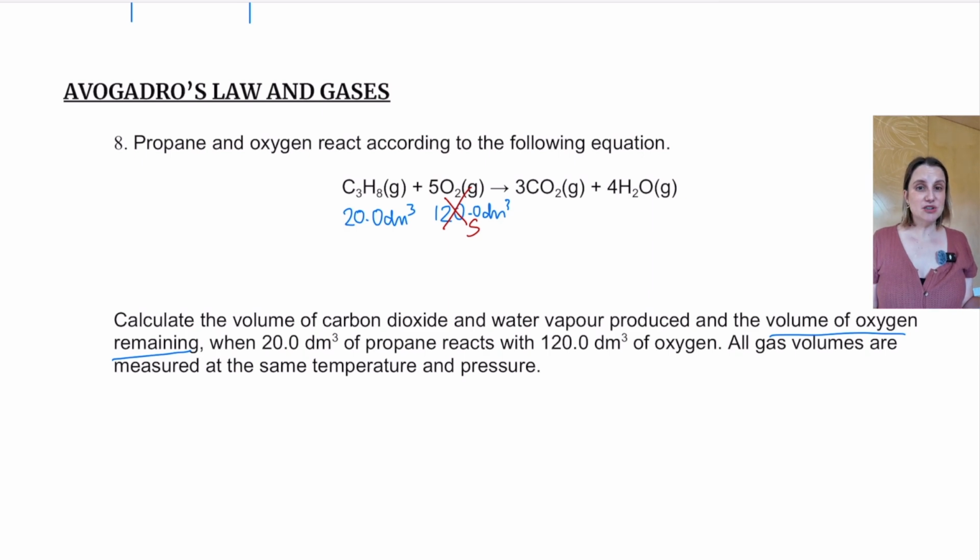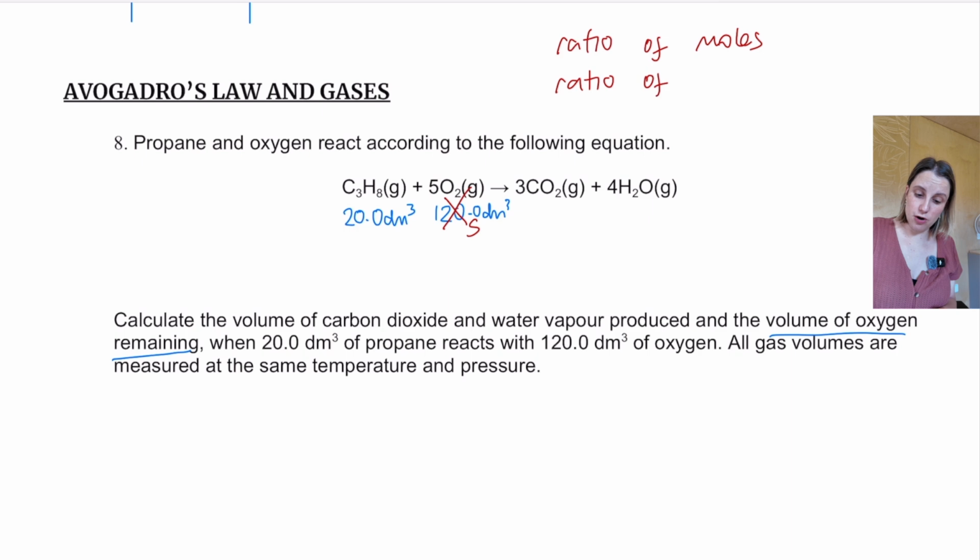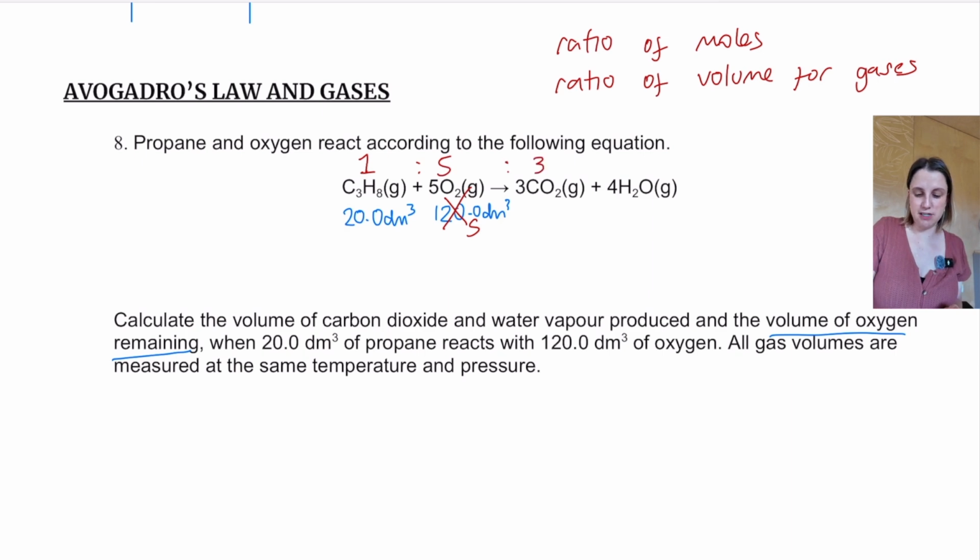Now the thing about Avogadro's law and gases is that the ratio of moles is the same as the ratio of volume for gases. So what that means is that if I told you I had 1 mole of the propane, then you'd be like, oh, you've got 5 moles of oxygen, 3 moles of CO2, and 4 moles of H2O.